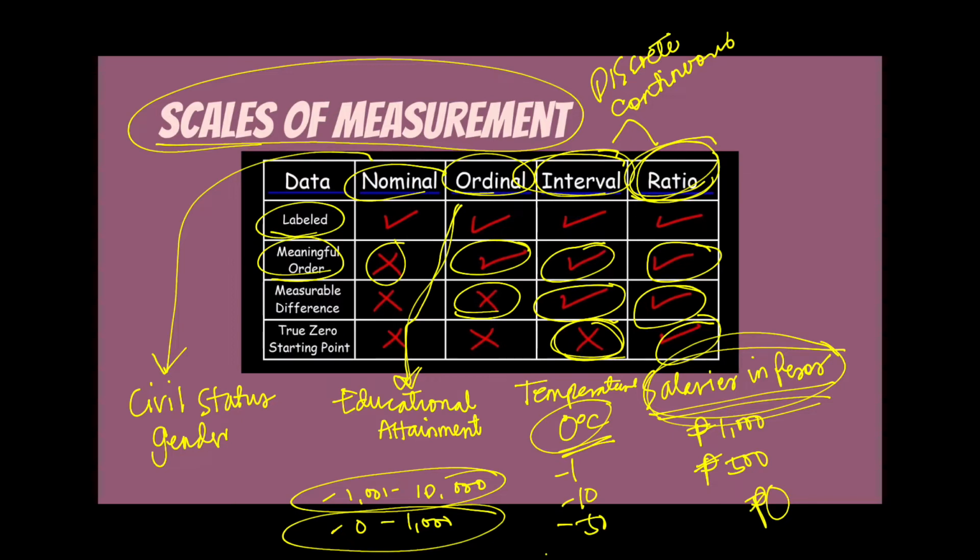And the second one is what is more feasible and easier to answer. For example, when you ask people to report their age, is it easier for them to check their age in a bracket, like for example 15 to 19, 20 to 24, 25 to 29, or would it be easier or better for them to answer it with their actual age? So that would be feasibility.